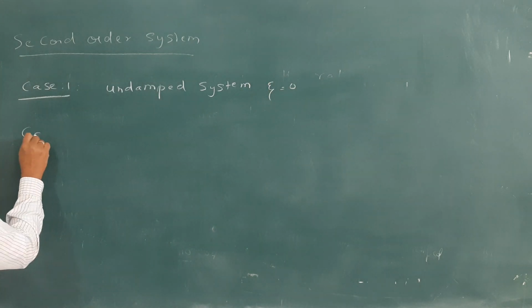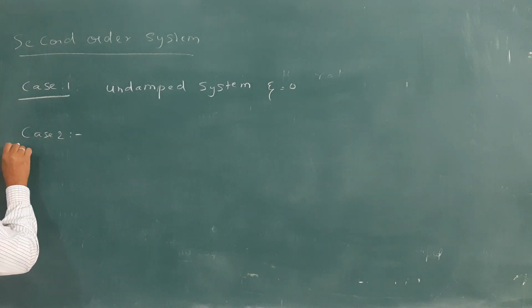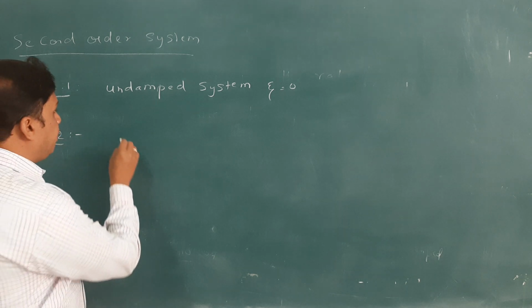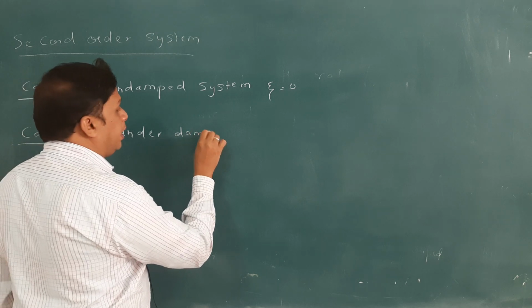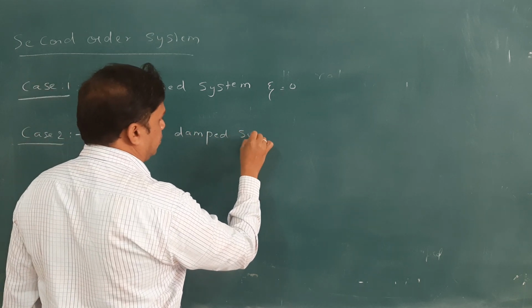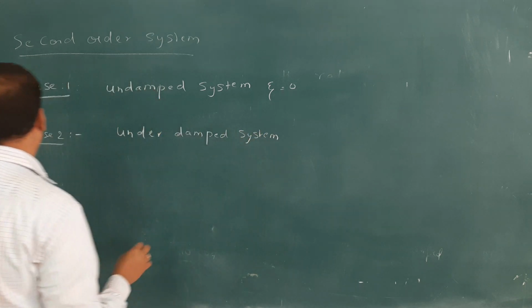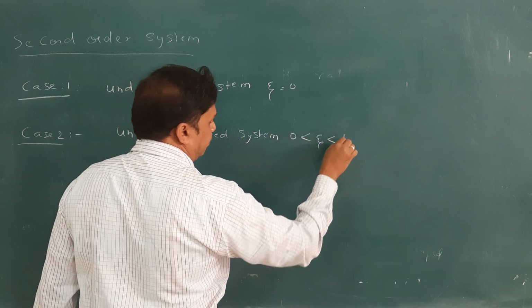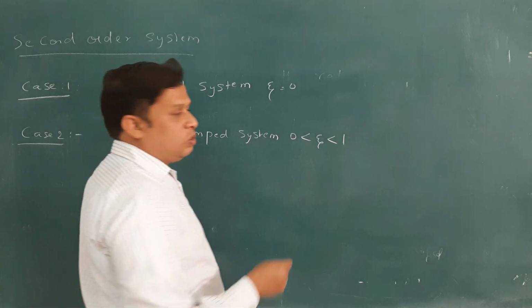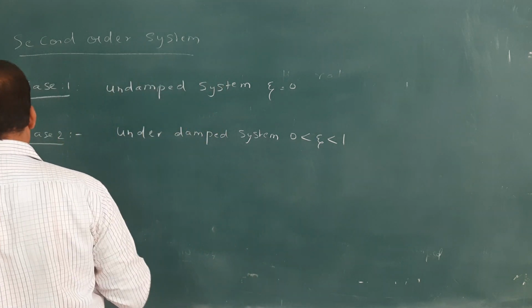And case 2: underdamped system. For this, the zeta value has some range, 0 less than zeta less than 1. So if zeta value lies between 0 to 1, it is called as underdamped system.